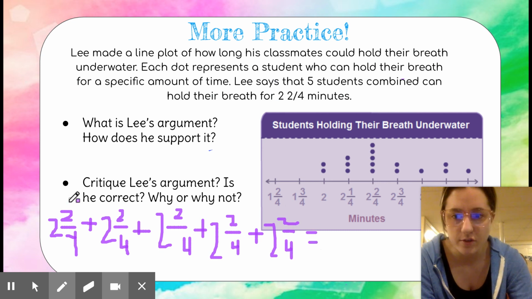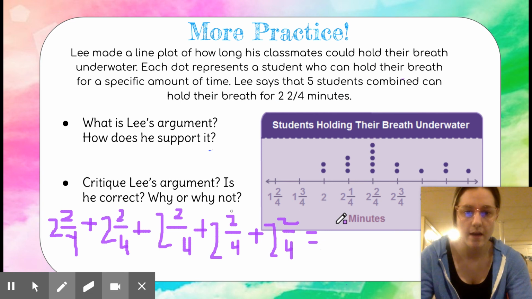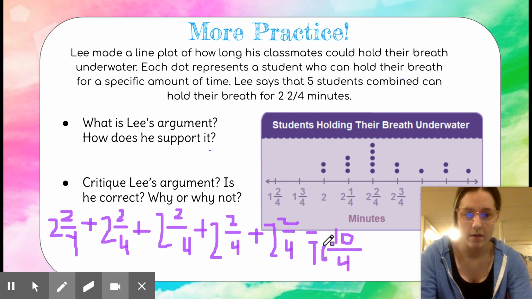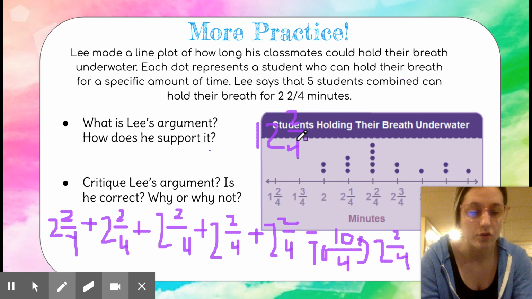Okay, my fractions first, 2, 4, 6, 8, 10/4. Now I'm adding my whole numbers, 2, 4, 6, 8, 10. I can't leave this like this, this is 2 and 2/4, if I add 10 and 2, I get 12 and 2/4. So they can hold their breath combined for 12 and 2/4 minutes.